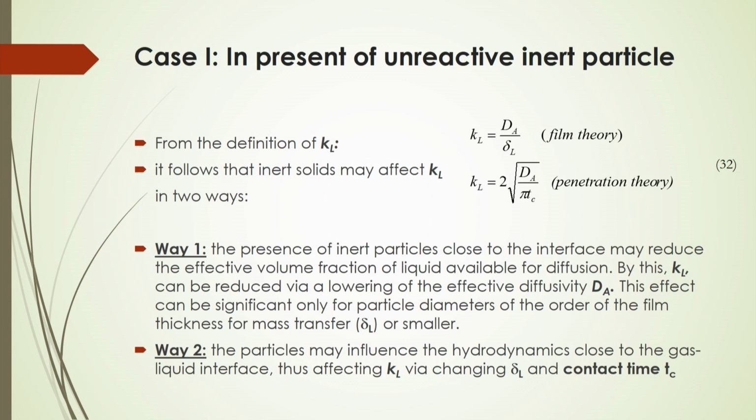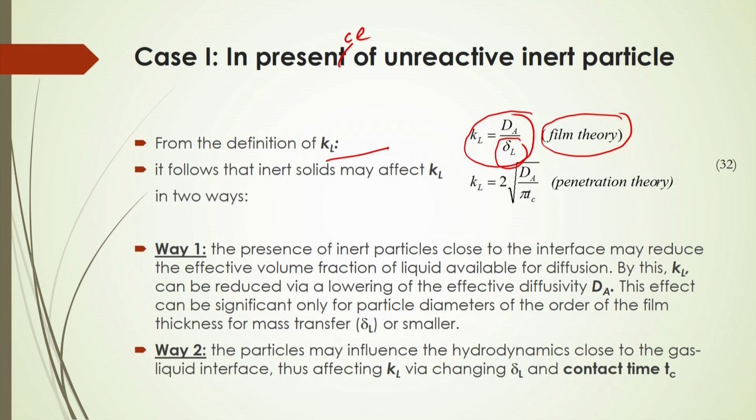Now, in the presence of unreactive inert particles, from the definition of kL, the individual mass transfer coefficient, if we apply film theory, kL should be equal to dA by delta L. Here dA is the diffusion coefficient and delta L is the film thickness on the liquid side.